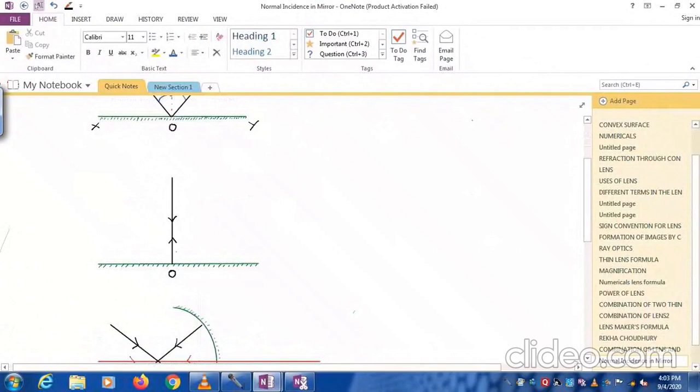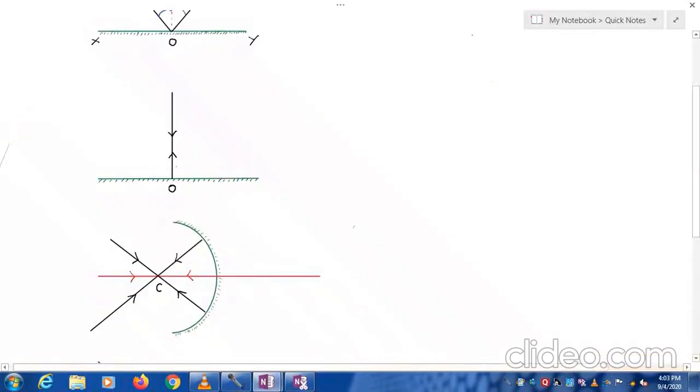Now see this second diagram. This diagram is the normal incidence in case of a plane mirror. See here, this is the incident ray moving along the normal to the mirror. So angle of incidence in this case is 0 degree.